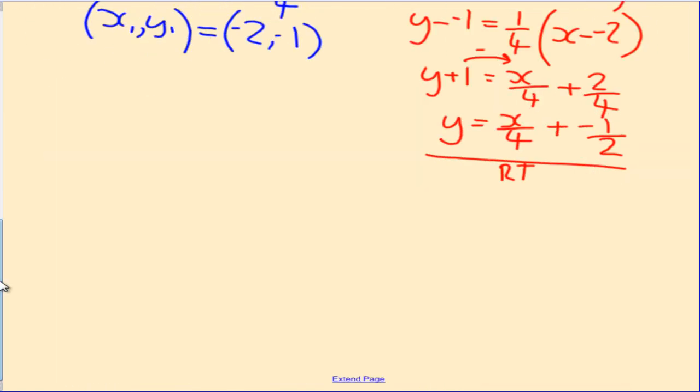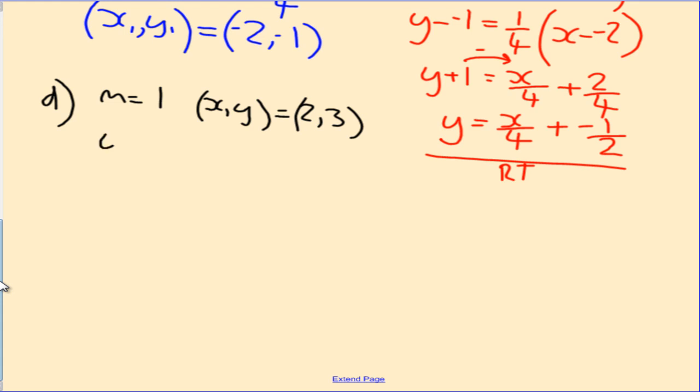So moving down here, answering part D, our gradient was 1 and our XY values came in at 2, 3. Using that to sub into our point gradient form, y minus y1 equals m outside of x minus x1.